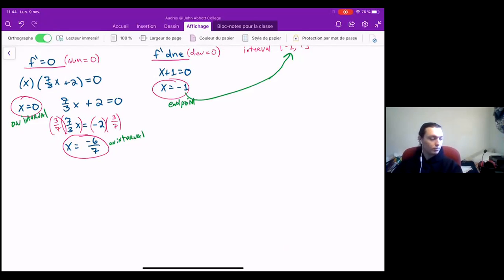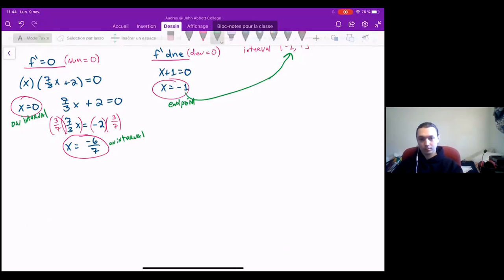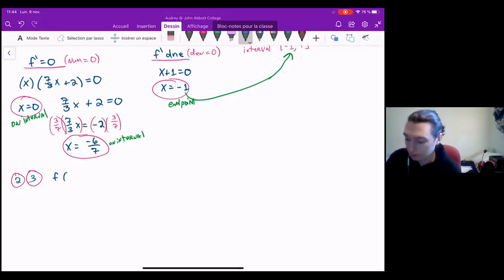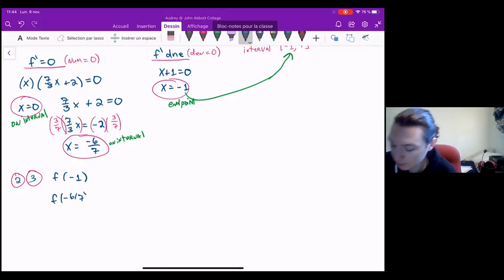Okay, so we're moving on to our step 2, and remember I said that I like to combine steps 2 and 3 so that I'm plugging in my values at the same time. So here I'm plugging in f of -1, f of -6/7, f of 0, and f of 4.